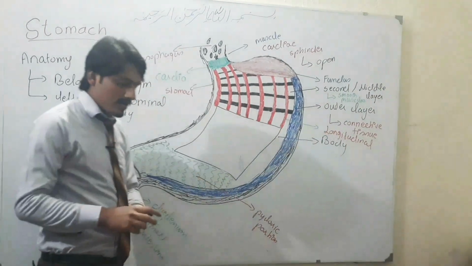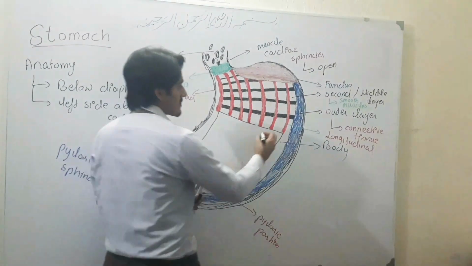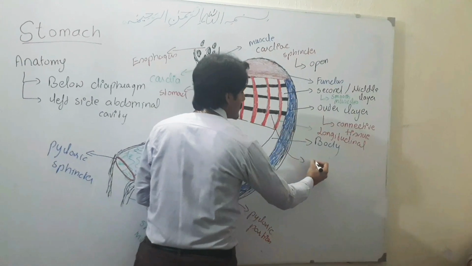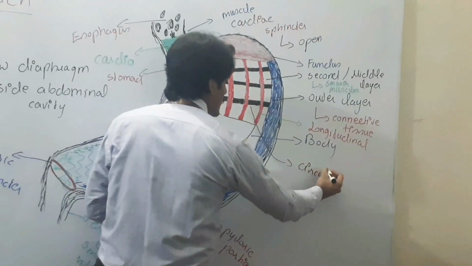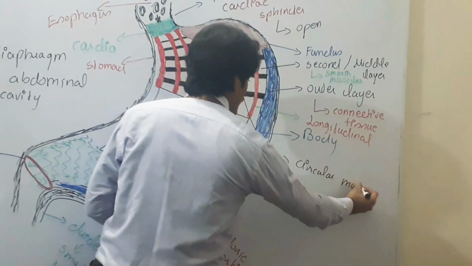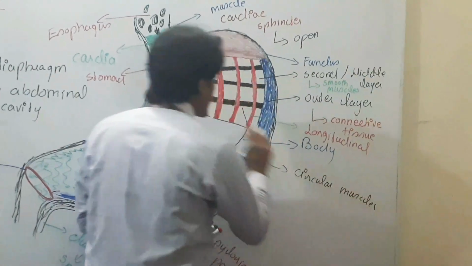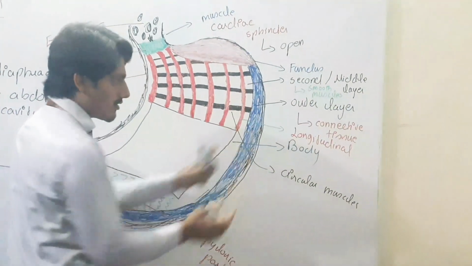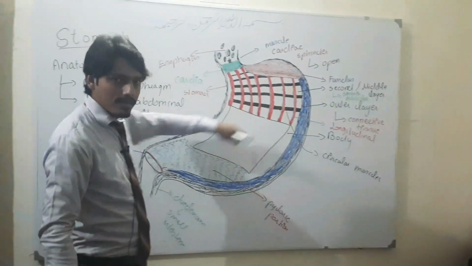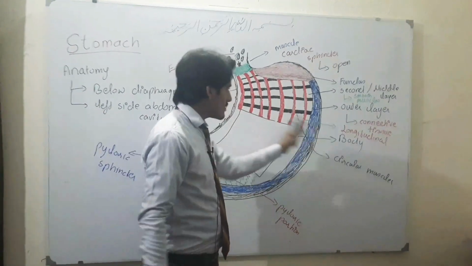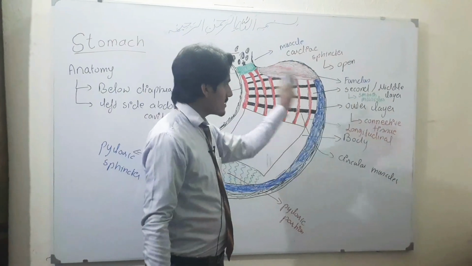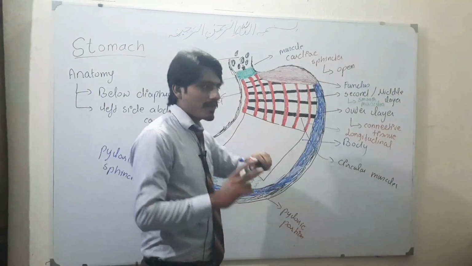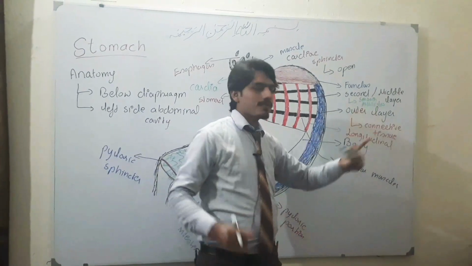And the second one is the inner side, which is black in color. These muscles are called circular muscles, which are present around the stomach wall. Longitudinal alongside the stomach wall, and circular muscle around the stomach wall.